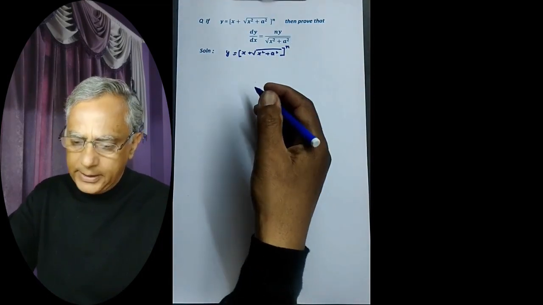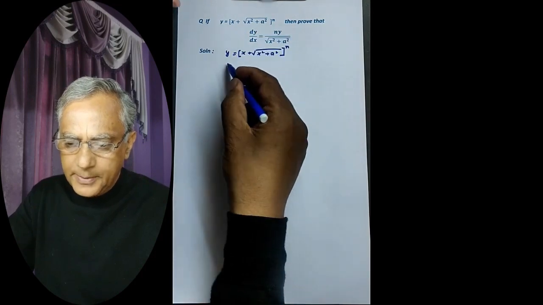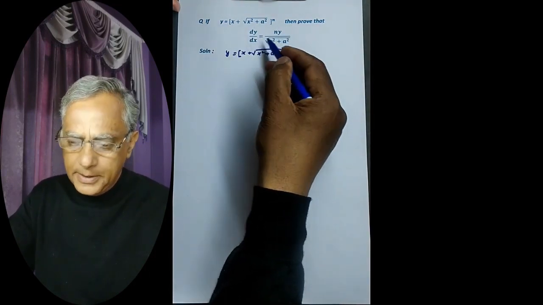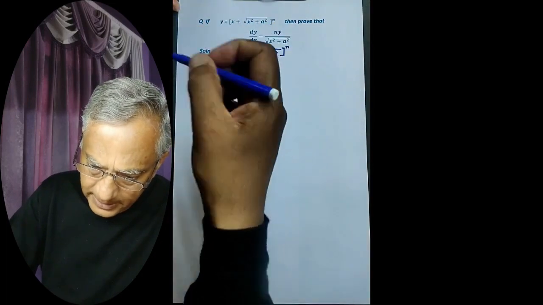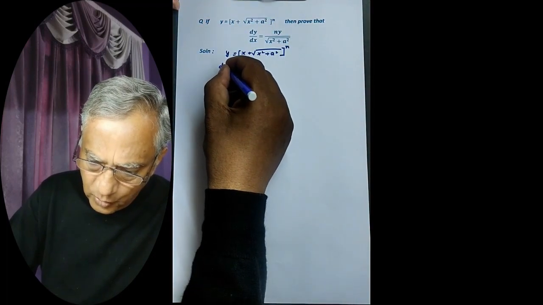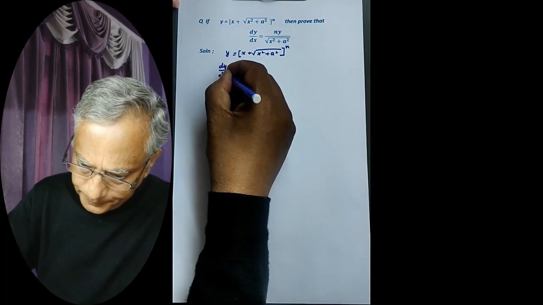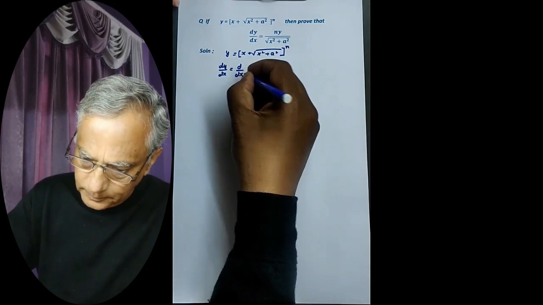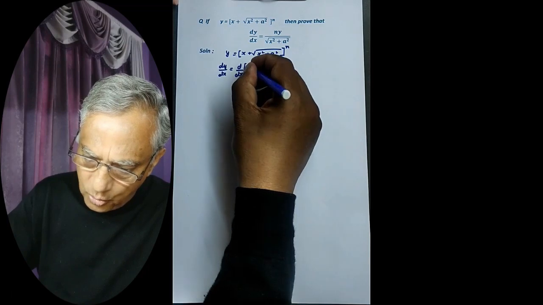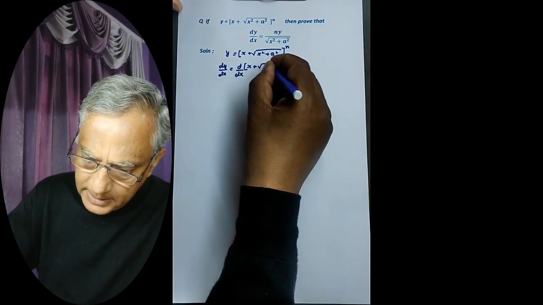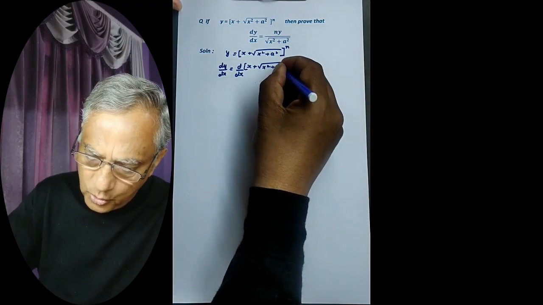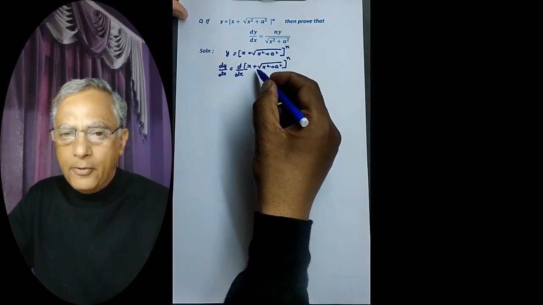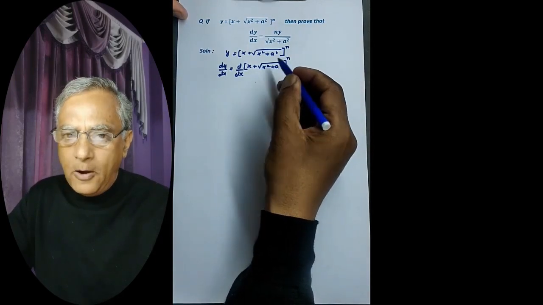Now here we are given y is equal to this much, and we have to prove dy by dx is this much. Now dy by dx will be equal to d by dx of (x plus under root x square plus a square) whole to the power of n. So first we will use the power rule. This is f(x) to the power of n.